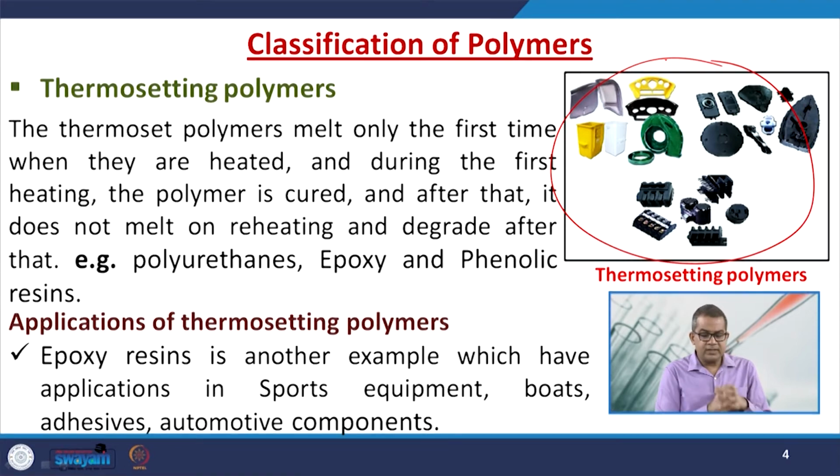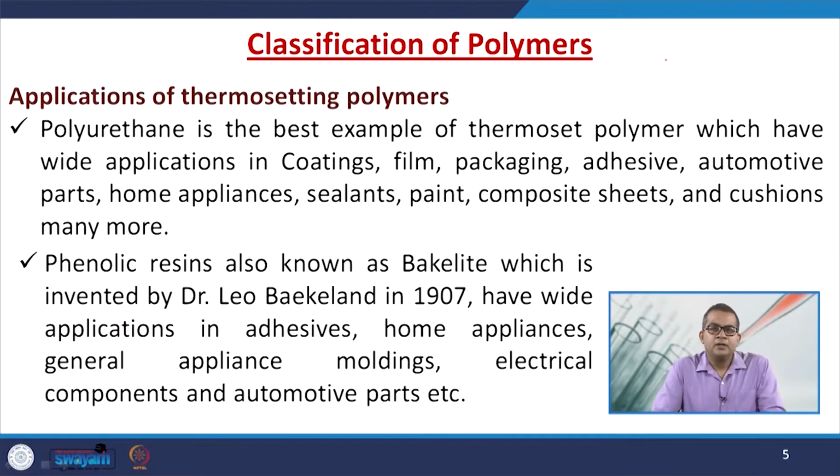Epoxy resins are an example, with applications in sports equipment, boats, adhesives, automotive components, etc. Now, polyurethane is again the best example of thermoset polymers, which has wide application in coating, film, packaging, adhesive, automotive parts, home appliances, sealant, paint, composite sheets, etc.